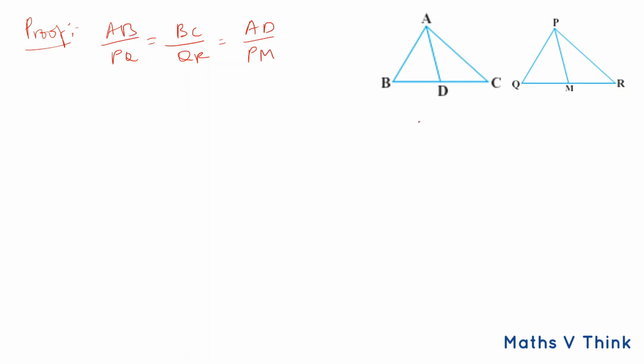Now I showed you that BC is equal to 2BD, same way QR is equal to 2QM in the previous slide. So I'll be substituting these two in this BC and QR.